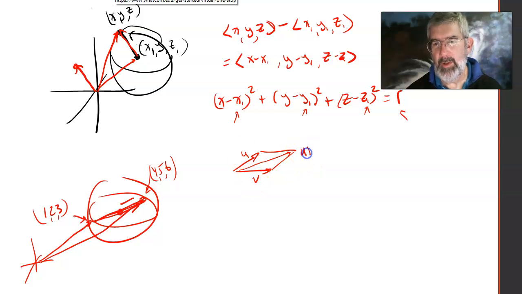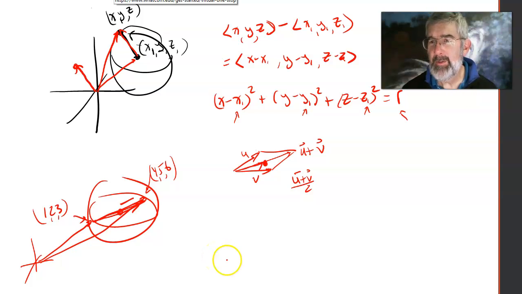Then this is u plus v all the way out there. I claim that if I cut that in half, I will get the point right in between those two. If I take u plus v and divide it by 2, these are all vectors, that's going to be the vector right in the middle.